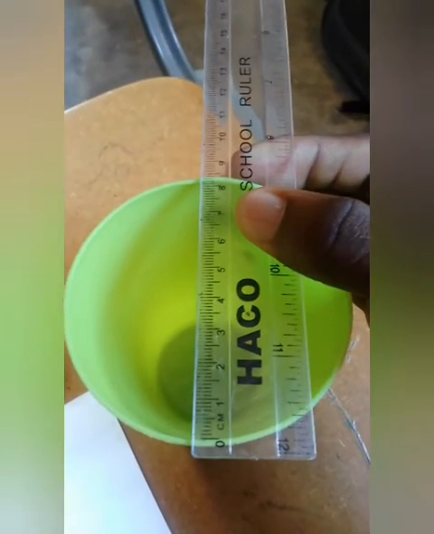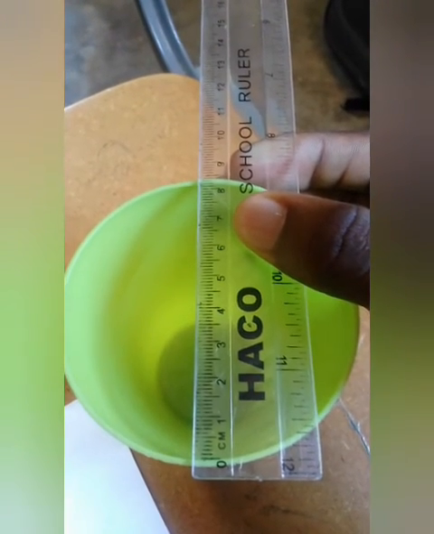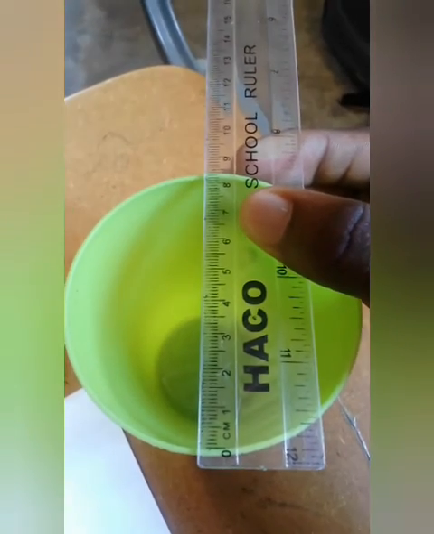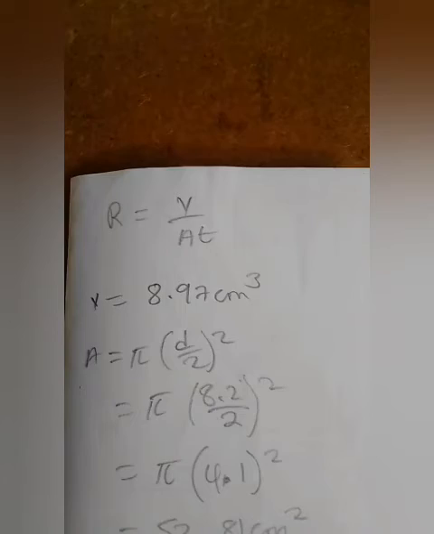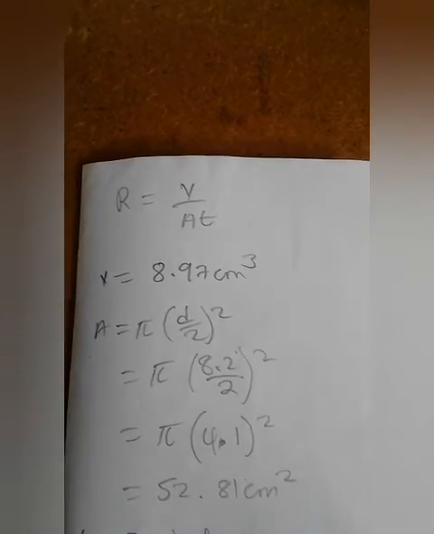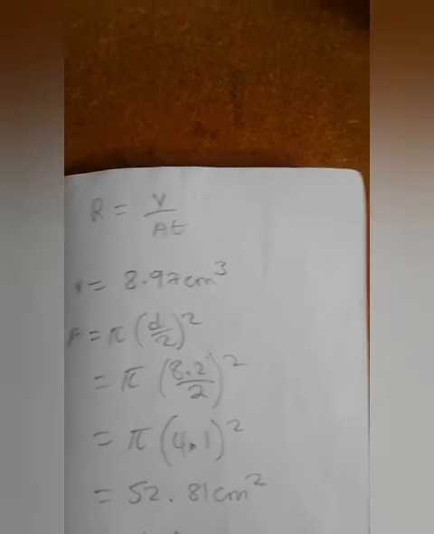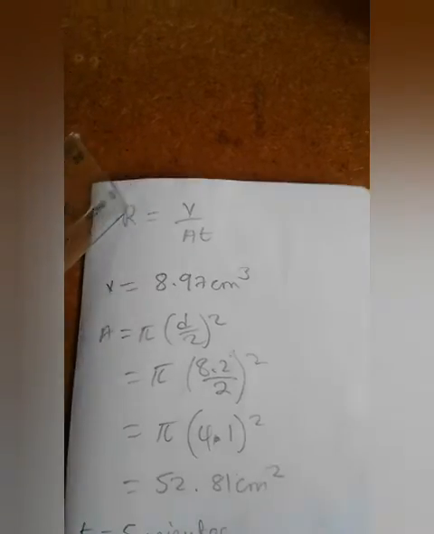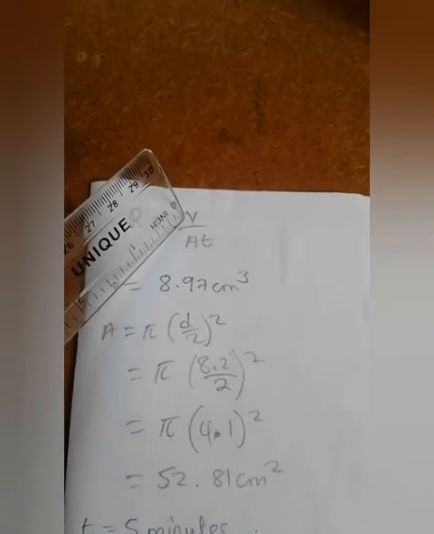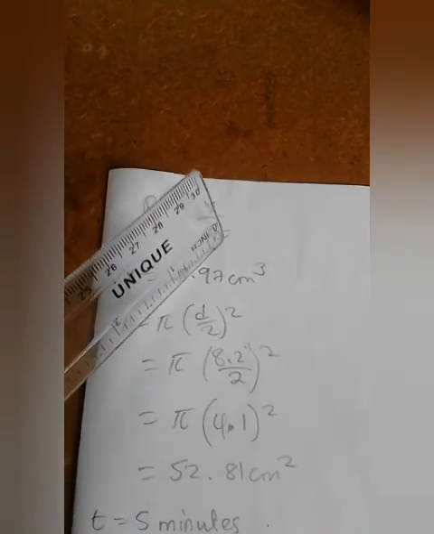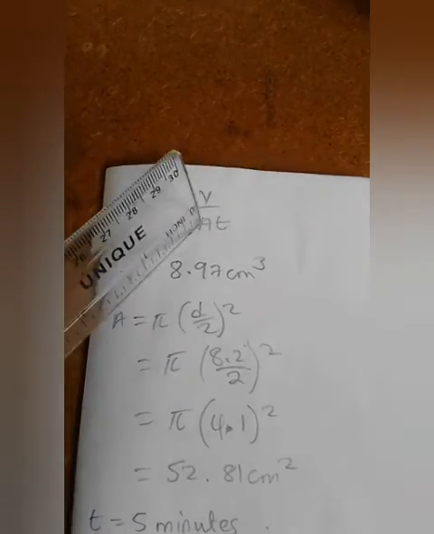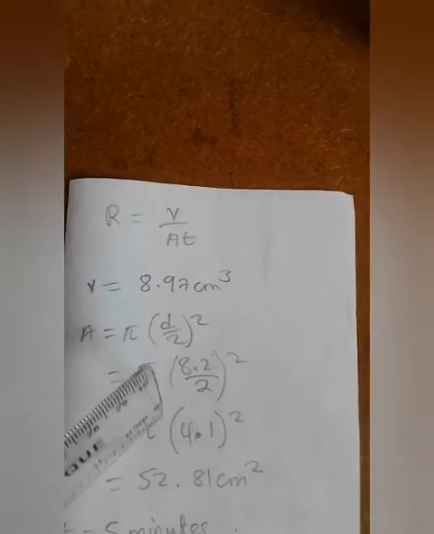The inside diameter of this cup is 8.2. Okay, so I've done the calculations. The volume of rain falling at a specific area in a specific amount of time is as follows.